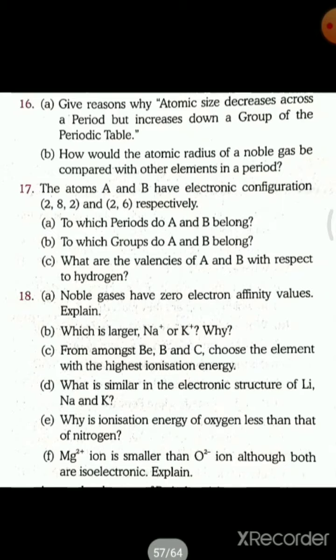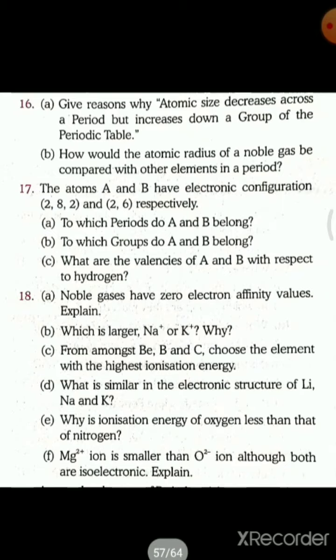Okay, see, in your periodic table, while moving in the period, your oxygen is in the second period and magnesium in the third period. We know that when we move from left to right, your atomic size decreases.